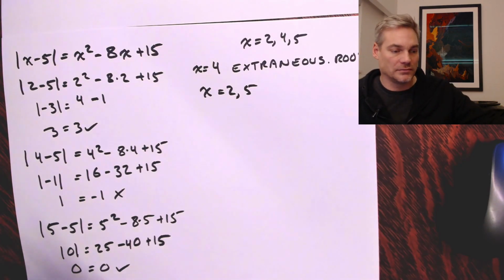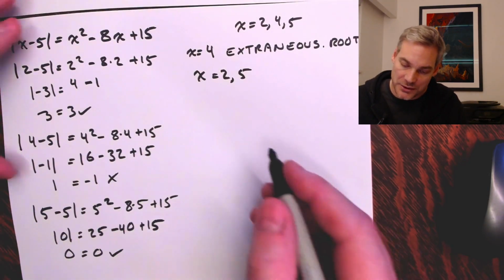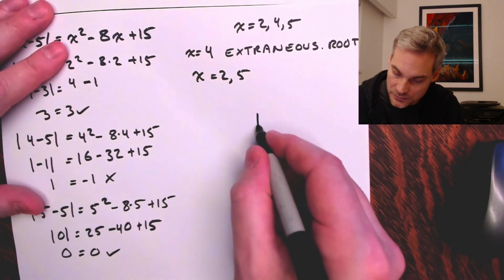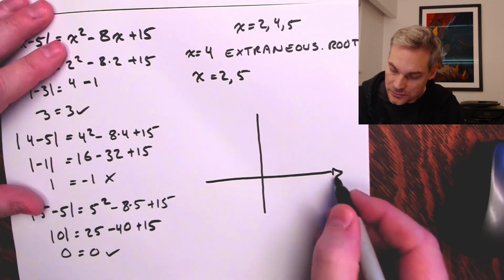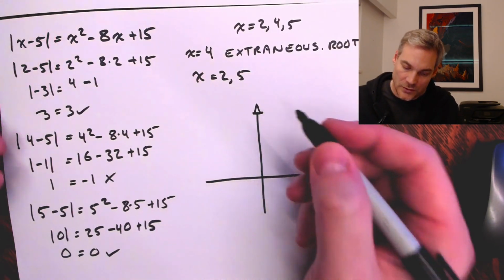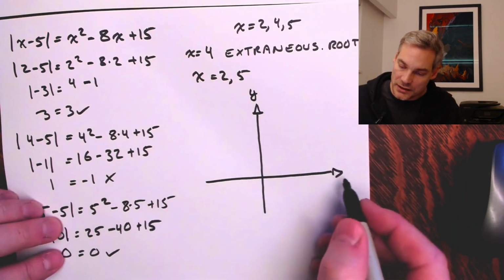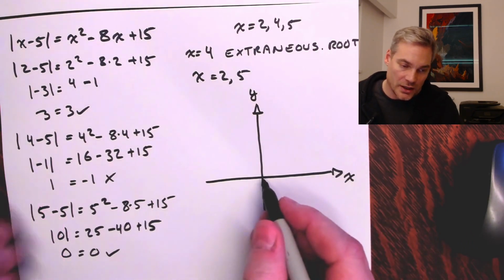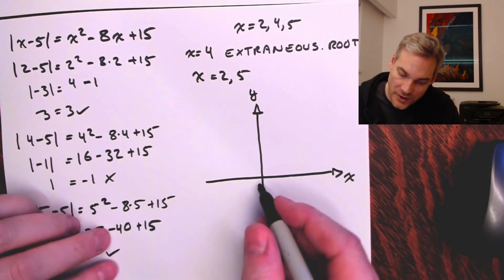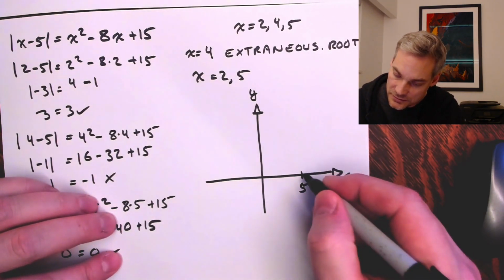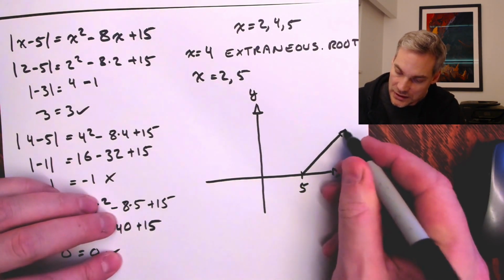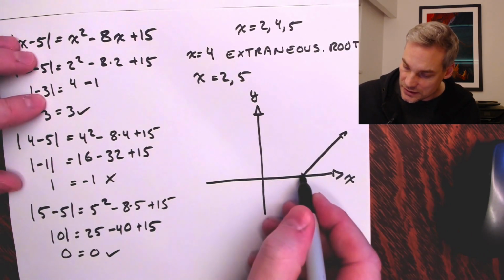And if we just want to graph that real quick, so this is y and x. If we graph |x − 5|, we have here, and then we have this.